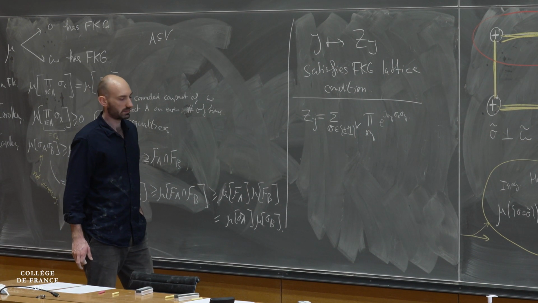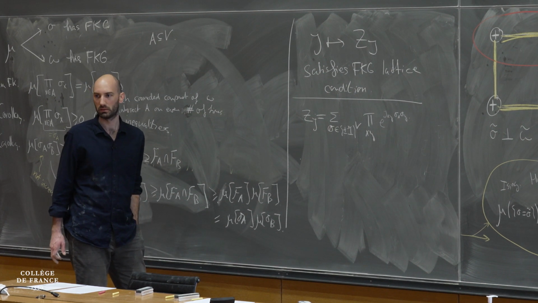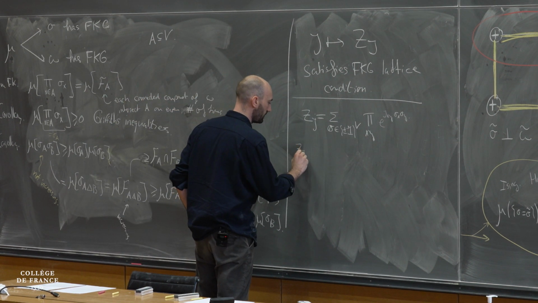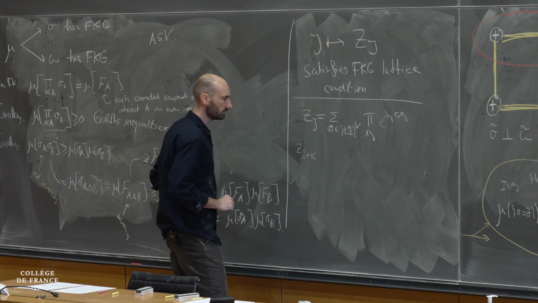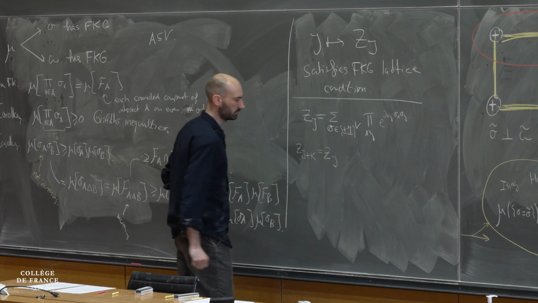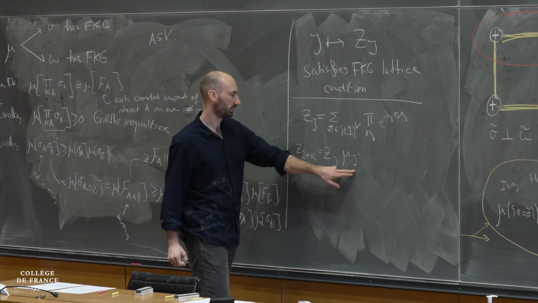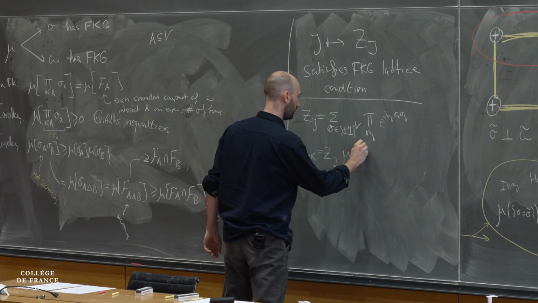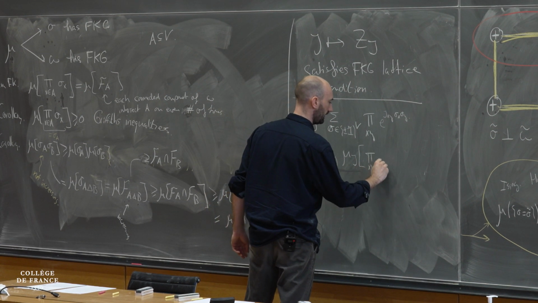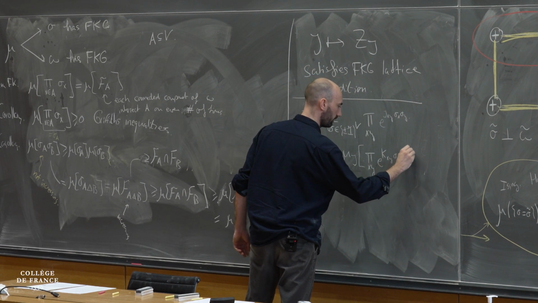But in fact, with this definition in hand, you can also write down relations between partition functions. So for example, if I want to look at Z_{J+K}, this is just going to be Z_J times the expectation in the J Ising model of the product over xy of e to the K_xy sigma_x sigma_y.